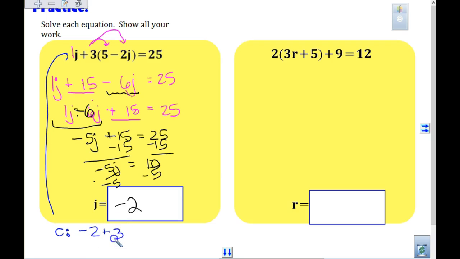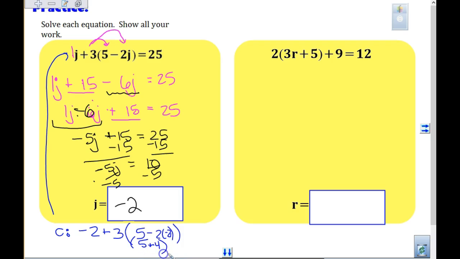Plus 3, okay. 5 minus 2, negative 2. Okay. So, first off, inside this parenthesis, 5 minus 2 times negative 2. What is negative 2 times negative 2? 4. So this is really 5 plus 4, do you agree?